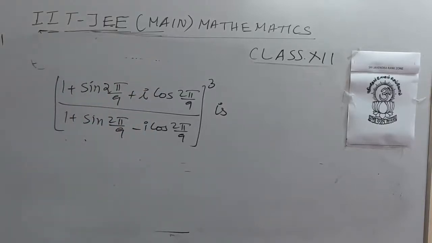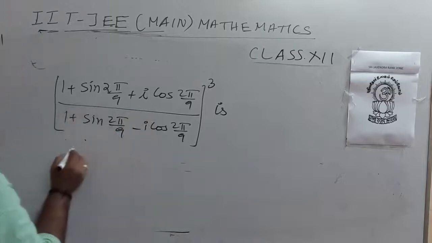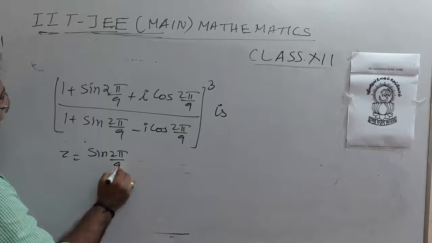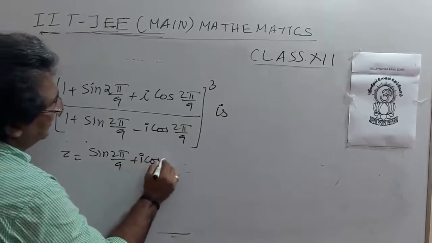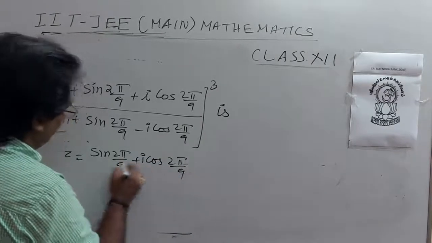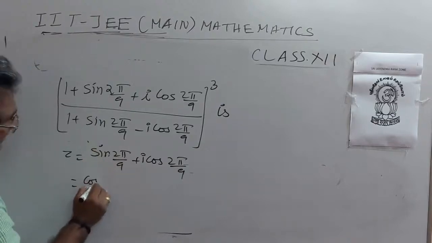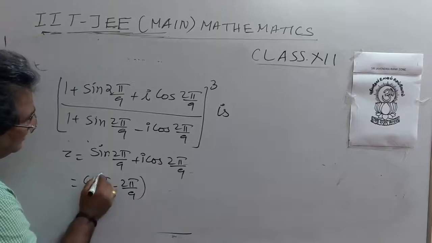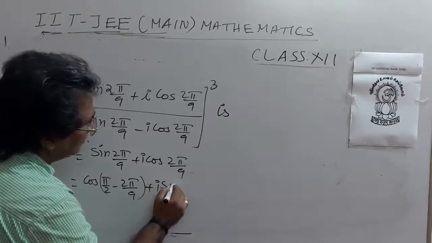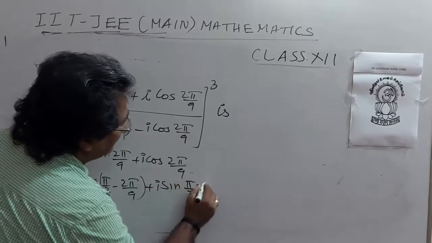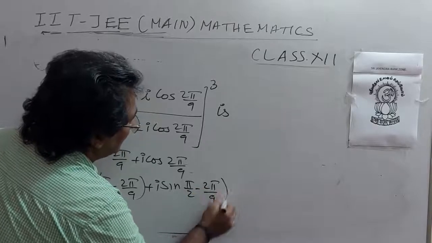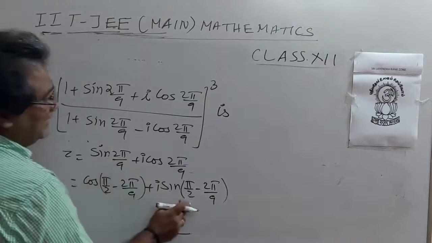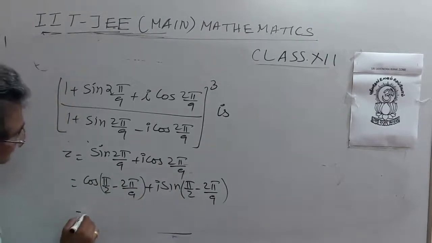First we consider this one as z: sin 2 pi by 9 plus i cos 2 pi by 9. That can be written as cos(90 minus 2 pi by 9) plus i sin(90 minus 2 pi by 9), since cos(90 minus theta) is sin theta and sin(90 minus theta) is cos theta.